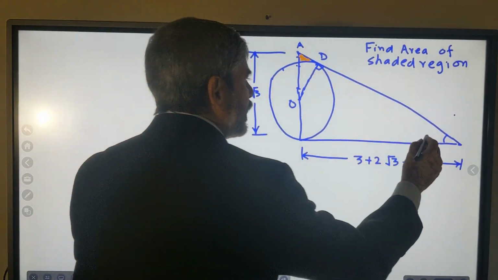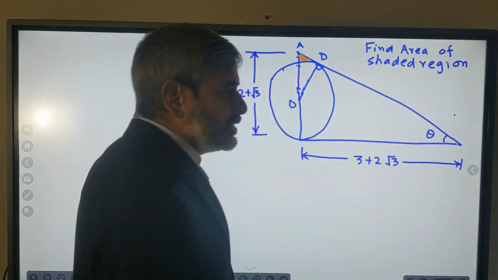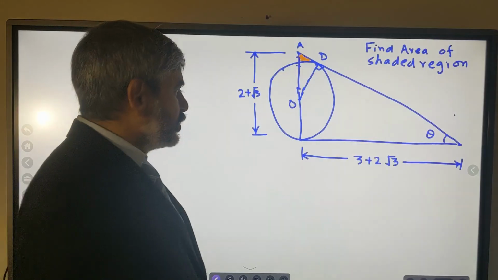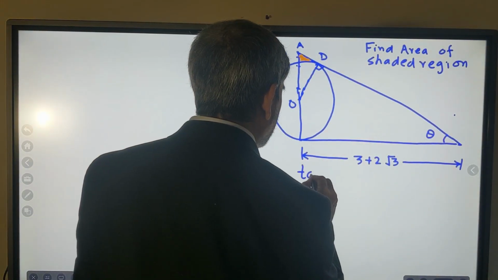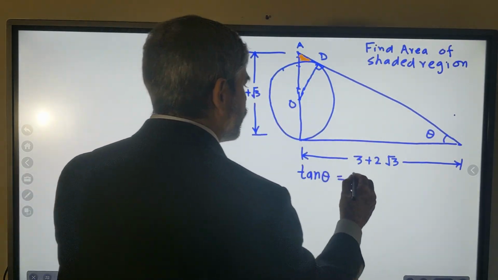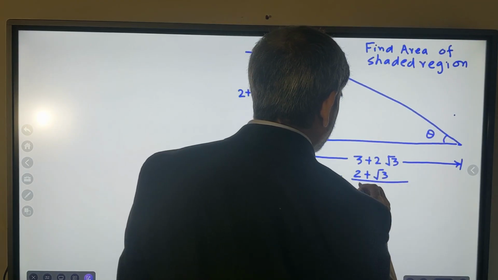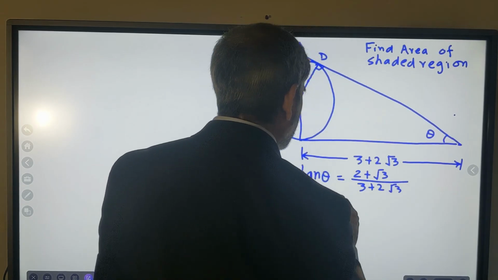And we can find this angle theta because we know these two sides. So we write tan theta equal to this side, 2 plus root 3, divided by 3 plus 2 root 3.